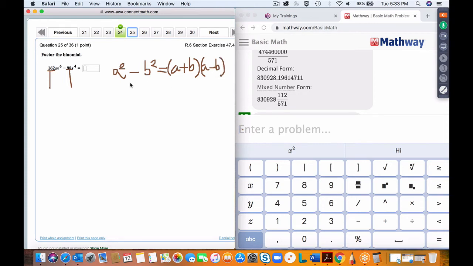And that's what we have to find out. We find a, and then we find b, and everything else goes on the right side. We factor by a plus b, a minus b. So first find the number.